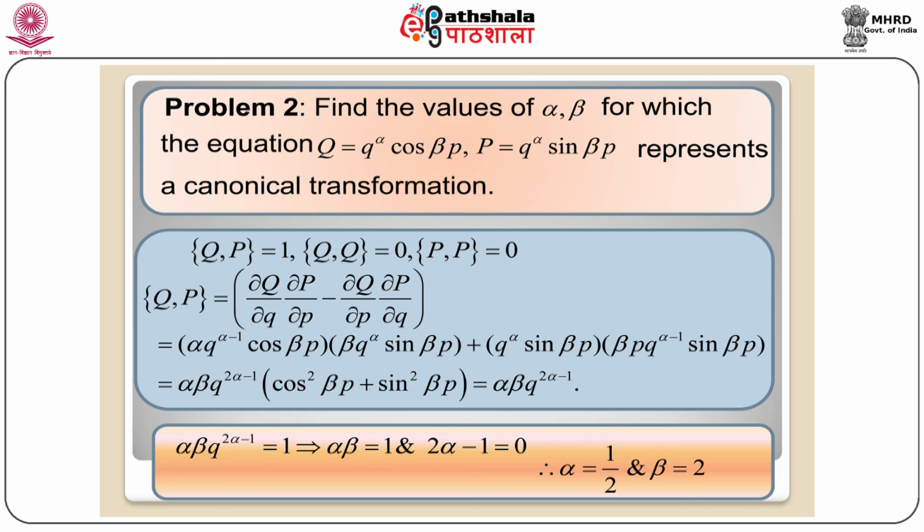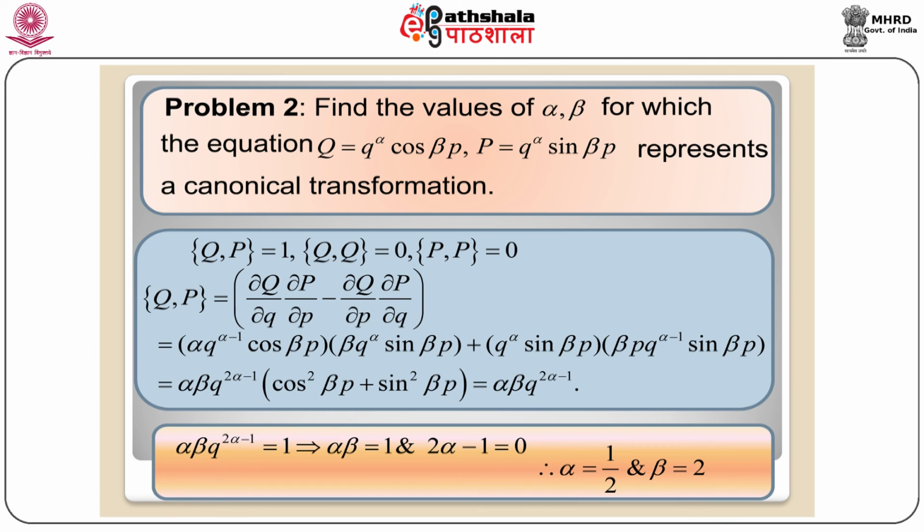Since sin square beta plus cos square beta equal to 1, so we have this result. Sin square beta p plus cos square beta p equal to 1, so we get this. So, the transformation is canonical if alpha into beta into q to the power 2 alpha minus 1 equal to 1.